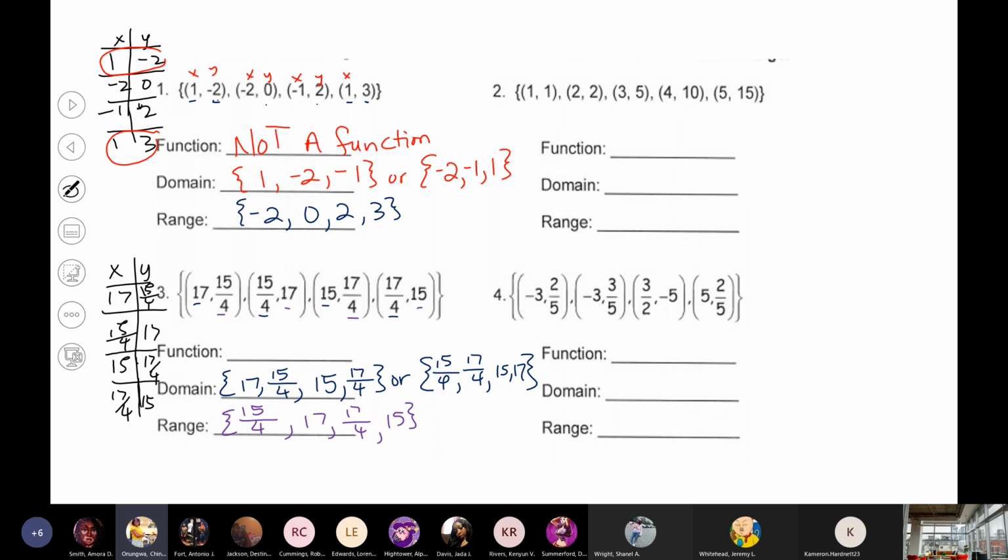It's a function if and only if for every one input, I have only one output. And I see for every one input, I have only one output. There's nowhere where my x repeats again with something different for my y coordinates. So I say, yes, this is a function.